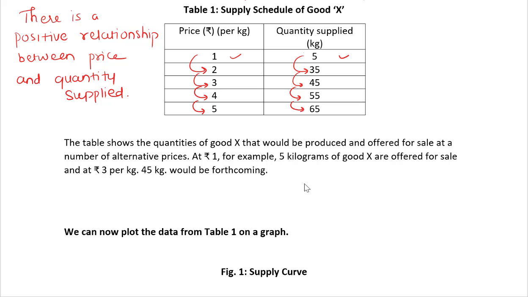The table shows the quantity of good X that would be produced and offered for sale at a number of alternative prices: at 1, 5 kilograms of X; at 3, 45 kilograms of X; at 5, 65 kilograms of X. I think it is absolutely clear.